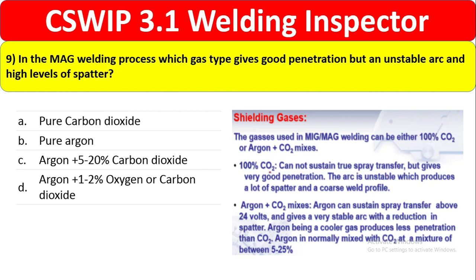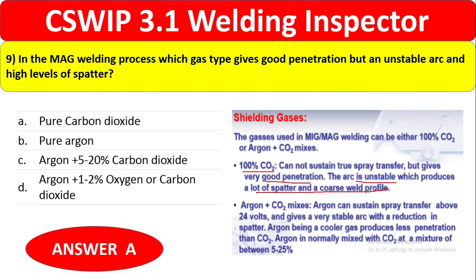So you can understand which gas type gives good penetration but an unstable arc and high level of spatter. Pure carbon dioxide means 100% carbon dioxide. So the correct answer will be A.